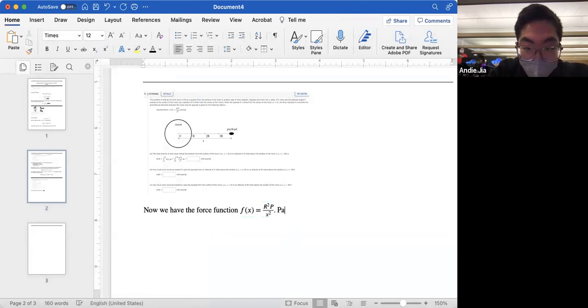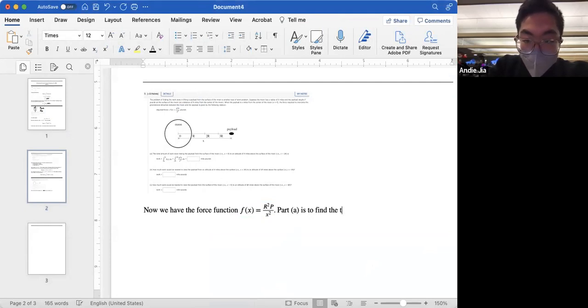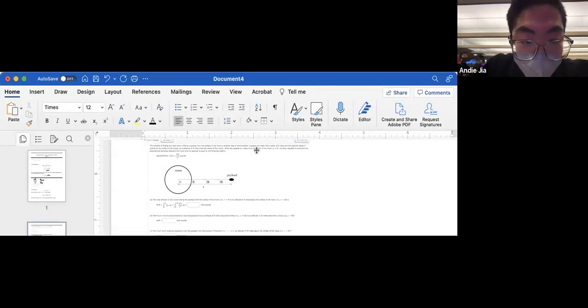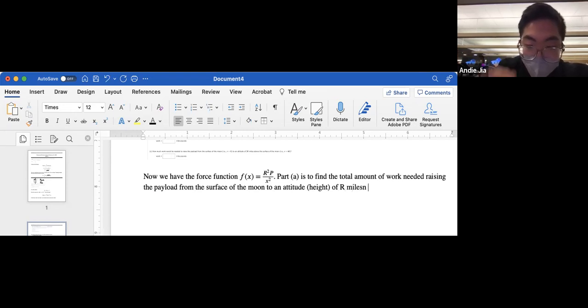For part A, we need to find the total amount of work needed to raise the payload from the surface of the moon to an altitude of r miles above the moon surface.